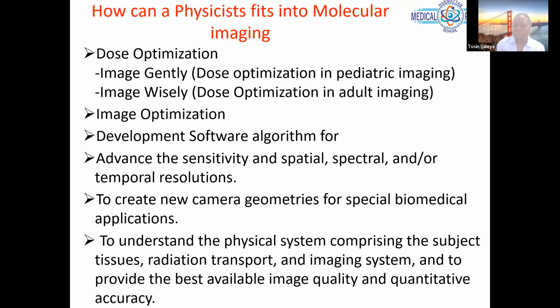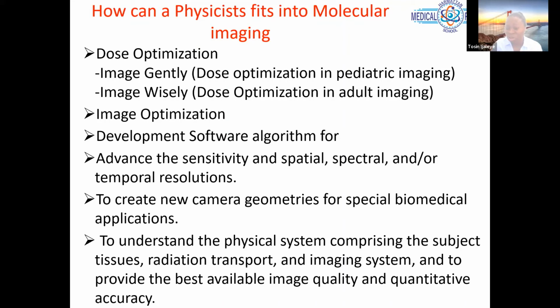Now we can ask ourselves this question: as a physicist, how can I fit in? We can fit in with dose optimization. We can help optimize the dose to get the accurate dose, because like the previous speaker mentioned, medical physicists are the ones that plan dose after the patient has gone for imaging at the CT level, using MRI and this equipment.